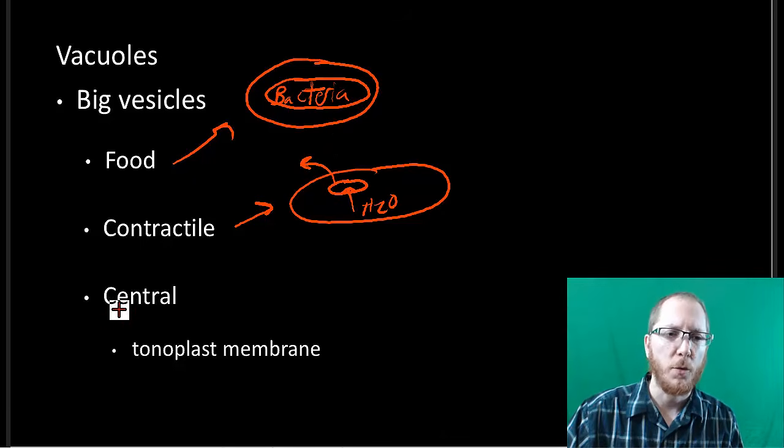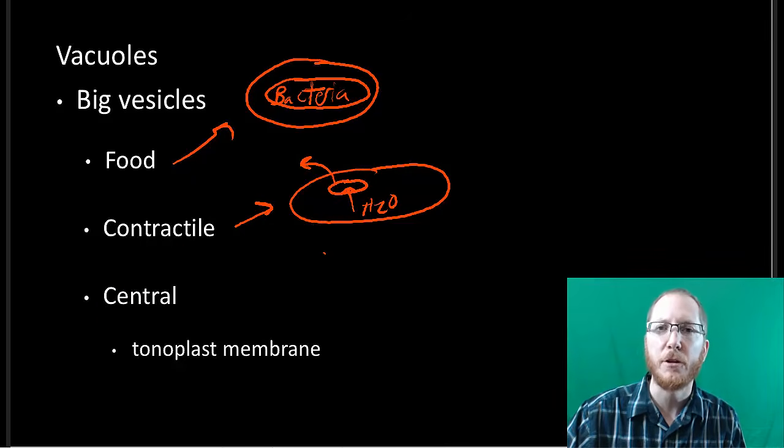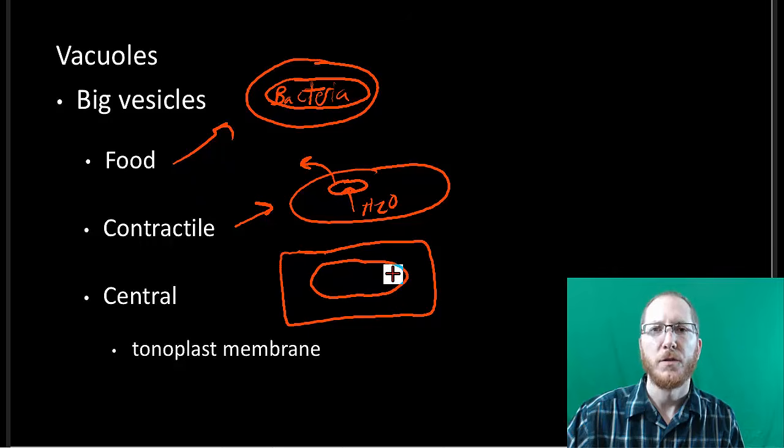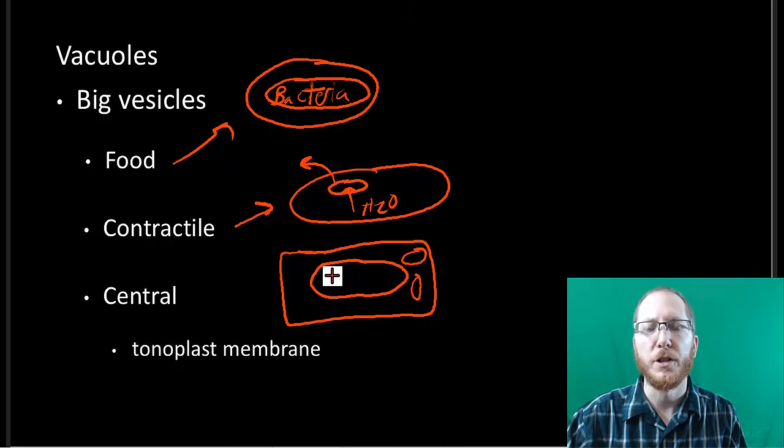And then central vacuoles are another type. This is the one that you see in plants. This is one of the identifying characteristics of plants, because when you see a plant cell, up to about 90% of it can be taken up by this big central vacuole. So it's way bigger than the nucleus or anything else. All the other organelles just sneak in and chill along the edges. That one's going to be used largely for storage as well.